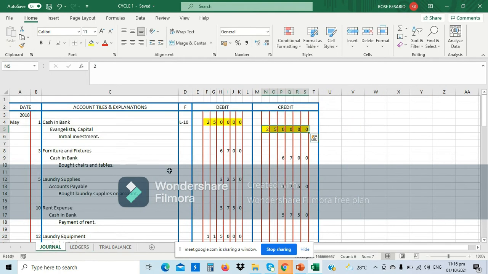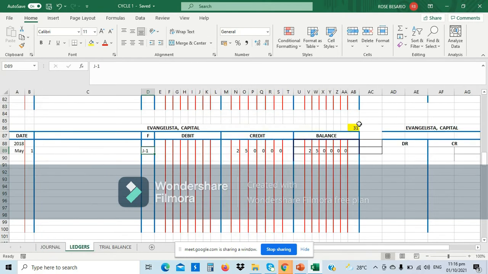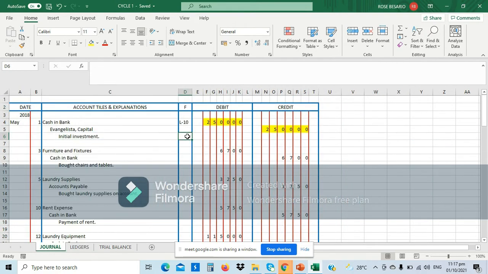And then in the journal, I will also be placing here the code. So it's 31, meaning ledger number 31. So in the journal, I will also place here L-31. The purpose is for us to cross-reference, no?